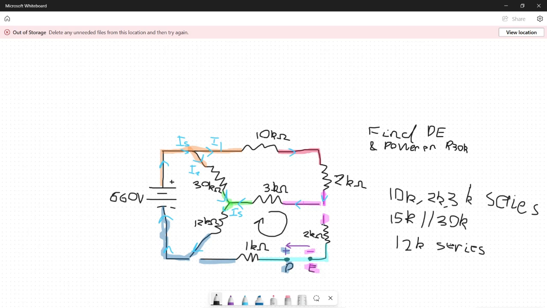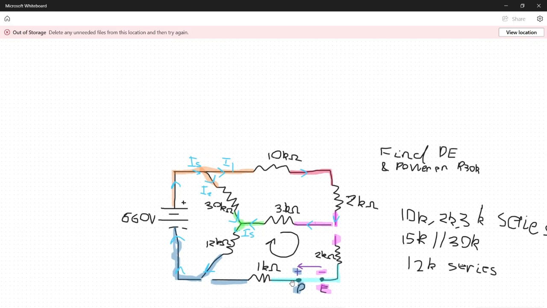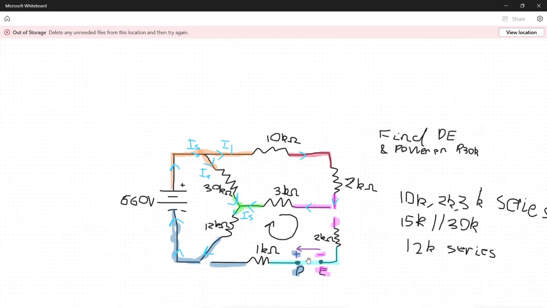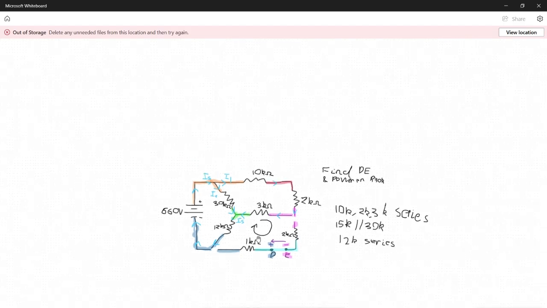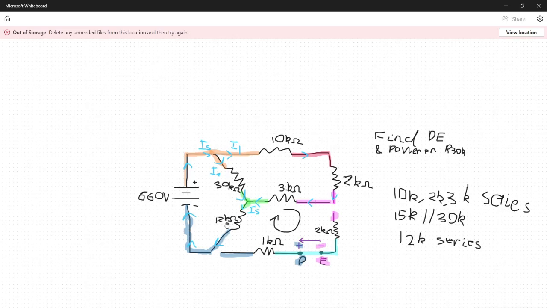So, what are we going to do with all this information? Well, let's think about this. We need the voltage at E, or we need the voltage across the 3 kilo ohm and the 12 kilo ohm. To get the voltage in this 12 kilo ohm, how can we do that?